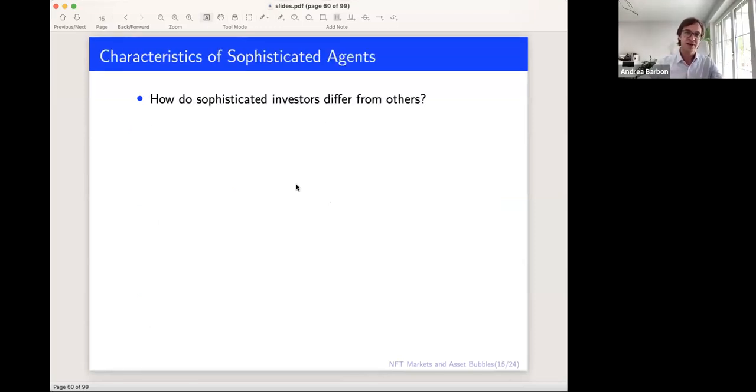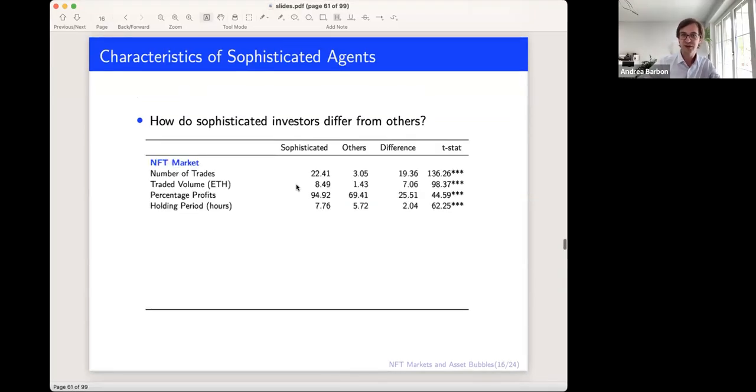So let's have a look at their characteristics. Are they different from other traders actually? Well, if we look at the NFT markets, we find that sophisticated agents trade much more. 22 trades, I think, per day instead of 3. They also trade bigger volumes in Ethereum terms and also in dollar terms.